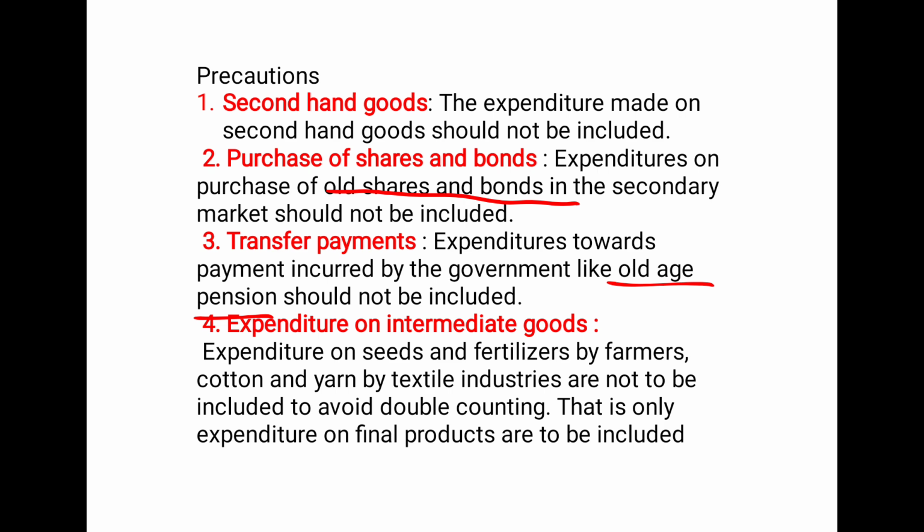Double counting is to be avoided because it is again coming under value added method. Any commodity which is either a raw material or an intermediate good for the final product should not be included in the expenditure method. So intermediate goods should not be taken into consideration while doing the expenditure method calculation.